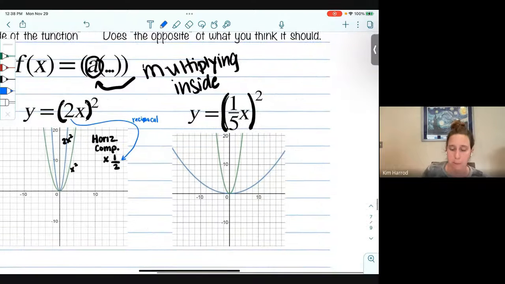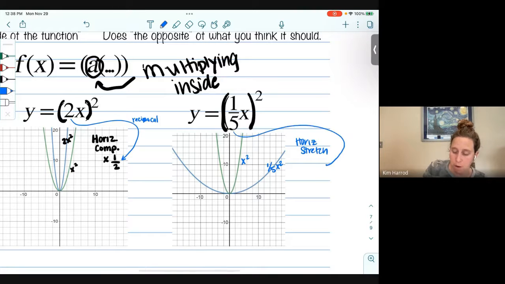So over here, this one actually got wider. Here is your 1/5 x squared, and here is your x squared. So what happened in this one is a horizontal stretch by the reciprocal of 1/5, which becomes 5/1.